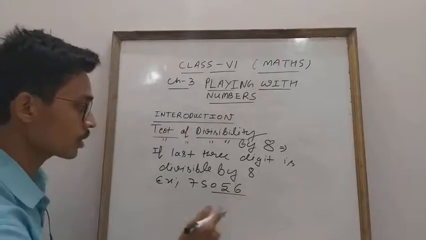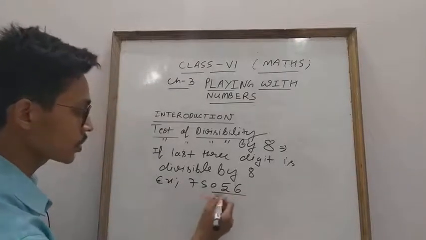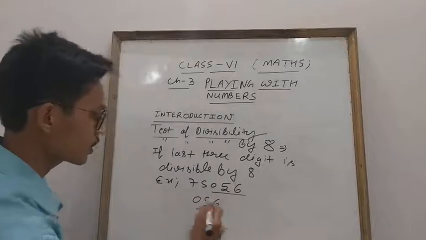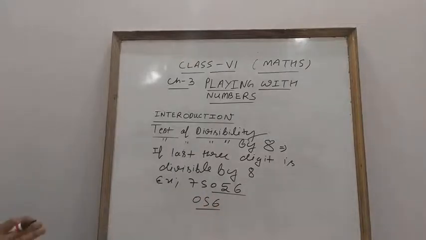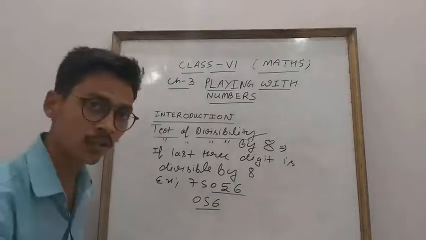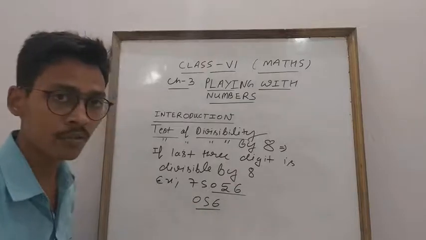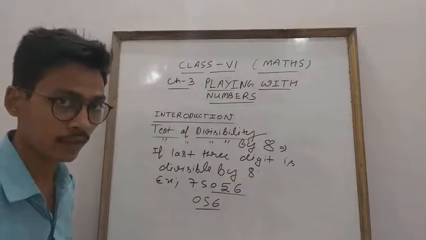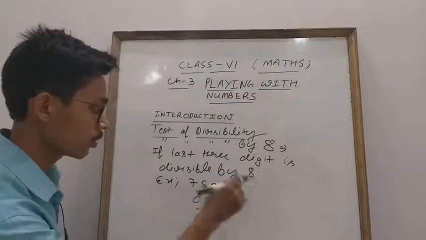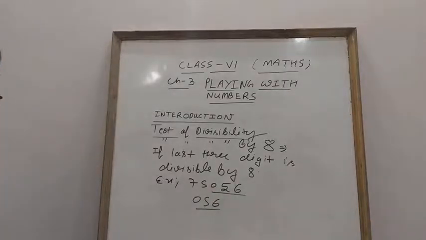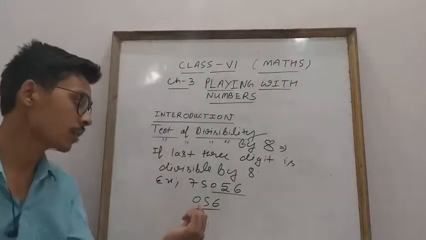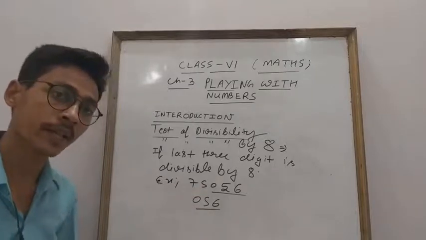There is no meaning of 0, but you have to take the last 3 digits, so 0 also you will take. So 056 is divisible by 8, and you will say the whole number is divisible by 8. Clear student?